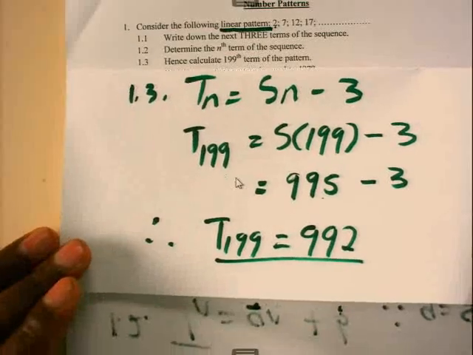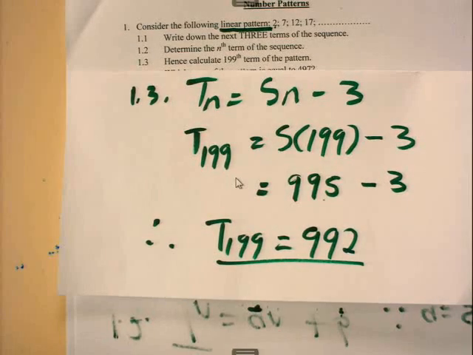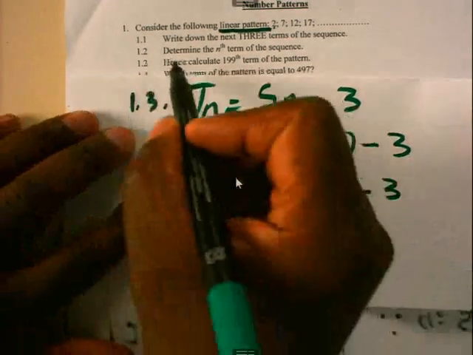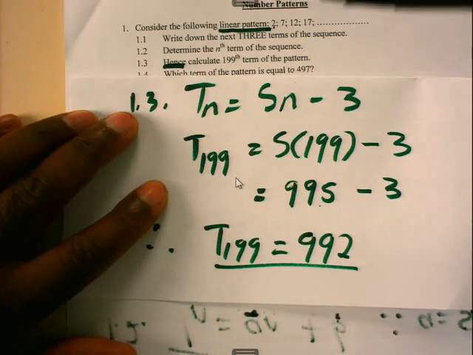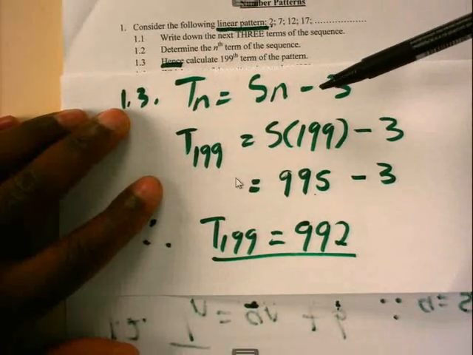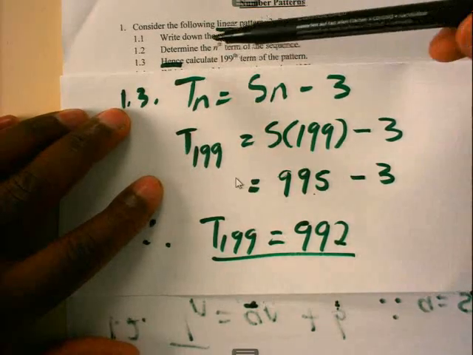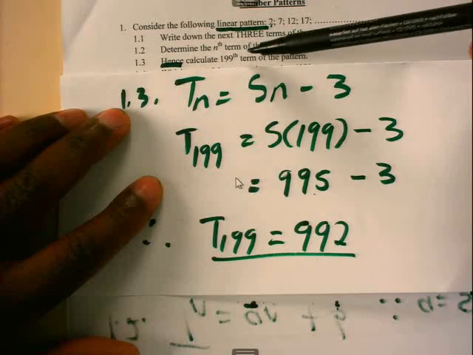Because in 1.3, the question states calculate the 199th term of the pattern. Maybe I should explain the word hence. The word hence indicates that you use the above solution to solve this one. In 1.2, determine the nth term of the sequence.